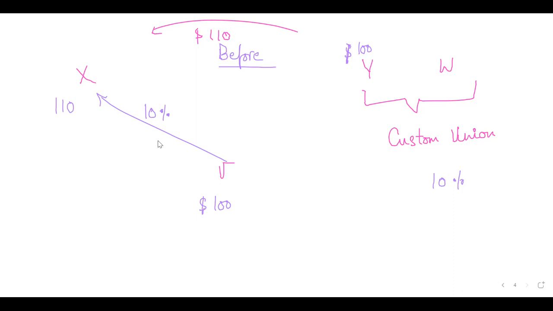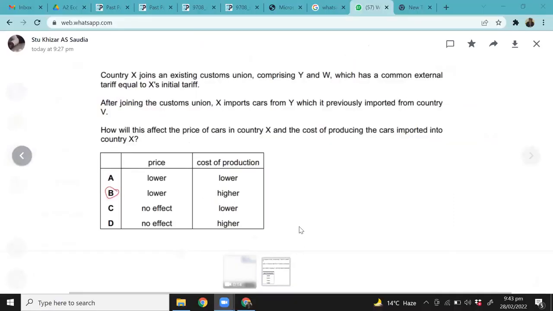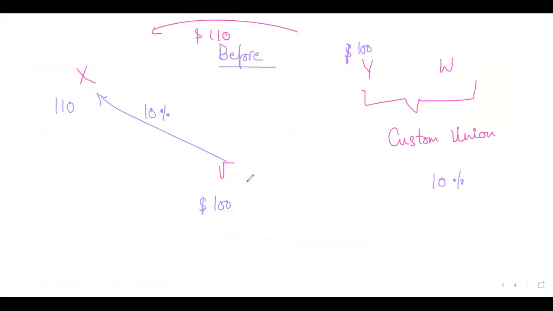Read the statement: after joining the customs union, X imports cars from Y, which it previously imported from country V. So if it was previously importing from V, and X had the same tariff for everyone, the reason it was importing from V was because its price was not 100, but something less.